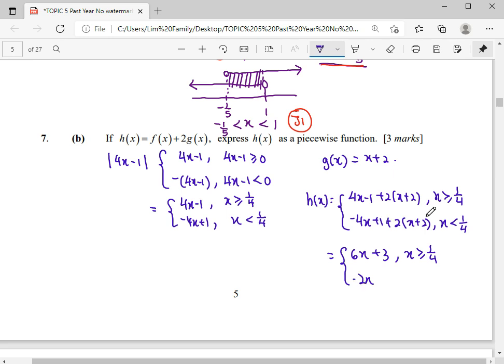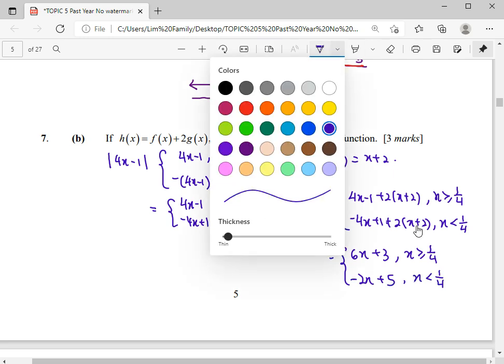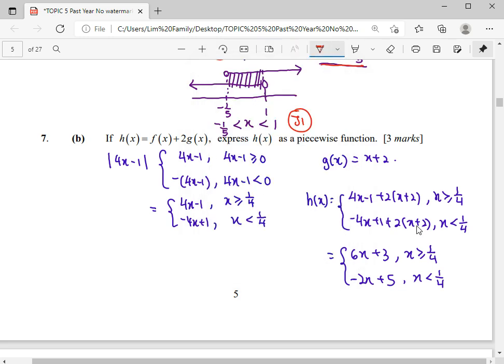And then 1 plus 4 here is 5, for x less than 1 over 4. So for modulus function expressed in piecewise, that will be our basics. Then we start to operate with g(x) and simplify to the answer.